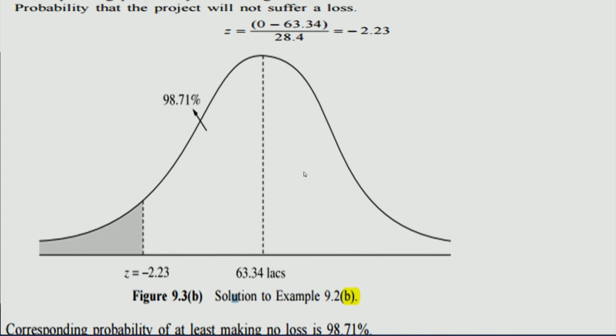Okay. And the probability that the project will not suffer a loss, you just put x is equal to 0 minus mu divided by standard deviation. So, z value is minus 2.23 and area under curve is 98.71, right. So, the corresponding probability of at least making no loss is 98.71%, right.